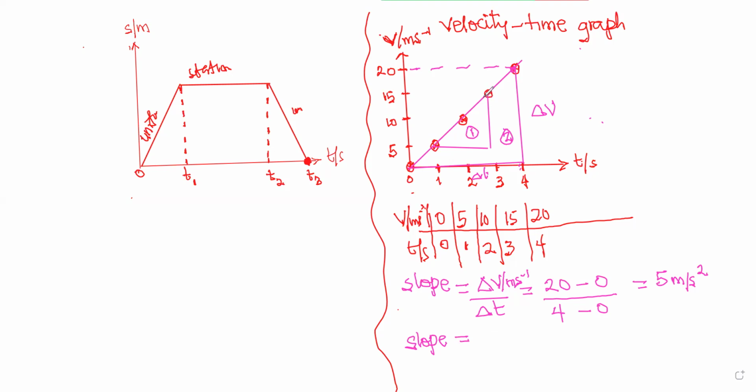So we'll get the same thing. 15 minus 5, divided by 3 minus 1. 10 on 2, which is 5 meter per second squared.